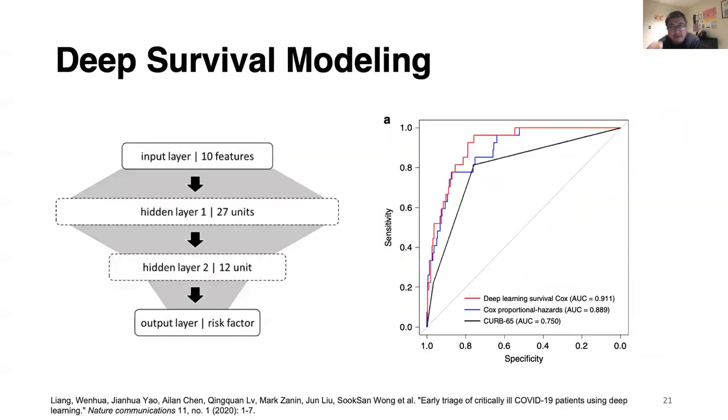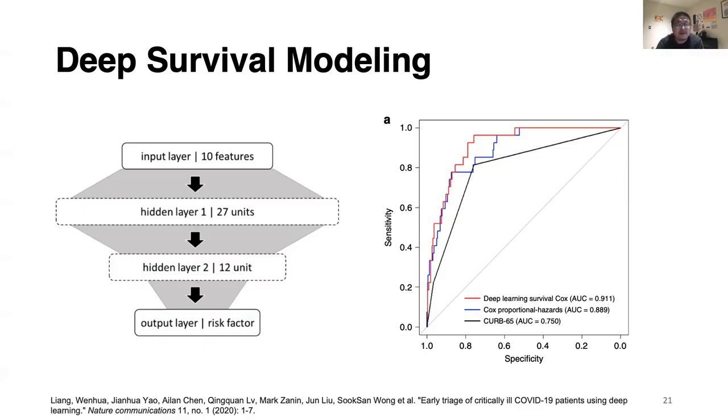And so the same set of authors also studied another setting, a time to event setting, to risk stratify the critically ill patients based on the survival modeling framework, where the only difference is the final model that is used for the risk prediction is not a simple logistic regression, but a deep survival model.